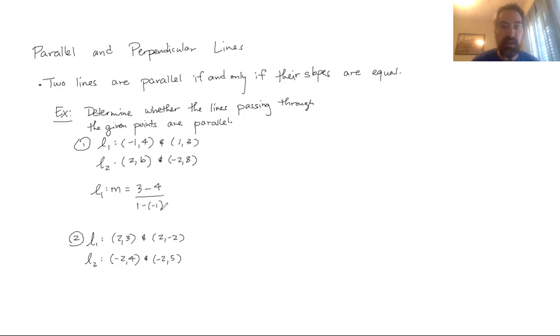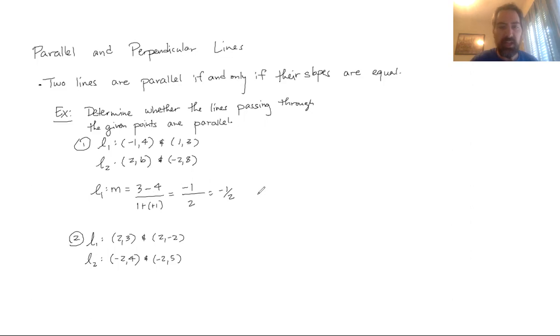Be careful with your minus signs when you're subtracting. Remember, 1 minus a -1 becomes plus. All right, so 3 minus 4 is -1. 1 minus a -1 is equivalent to 1 plus 1, which is 2. And so we have -1/2 for the slope of line 1, right? So the slope is negative, so this line would be decreasing.